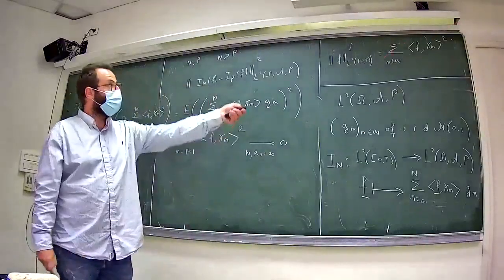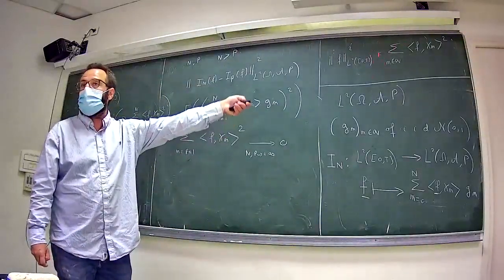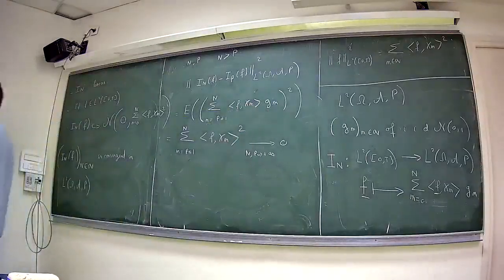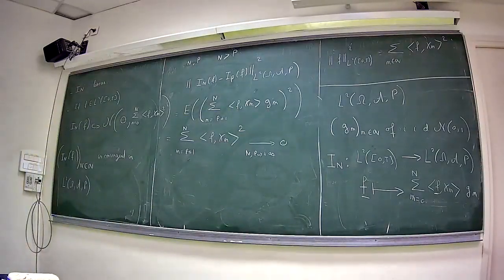The argument is written on the board. It's because this infinite sum is convergent here. So the sequence of the partial sums is Cauchy because it is convergent. Exactly what I have written here. When p and n go to plus infinity, this term goes to 0.